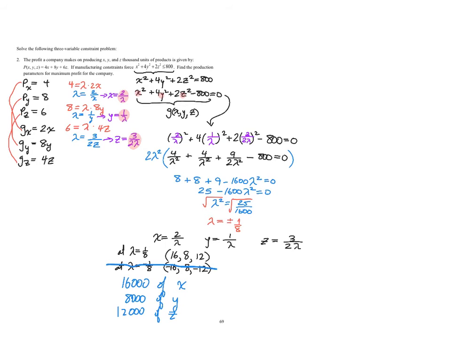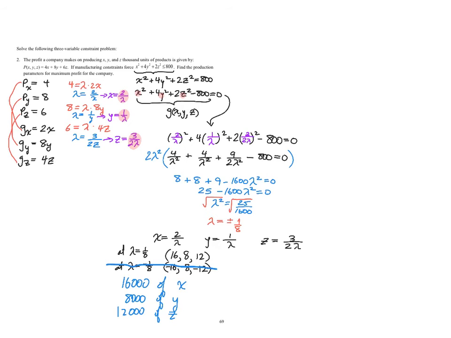Technically, we should vet that 16, 8, 12 and make sure it's not giving us a minimum, because you wouldn't want to produce 16,000 units of something, 8,000 of another, 12,000 of another, and find out that's going to give you the least profit. That would kind of stink. But common sense tells us it's the only relevant value, so it's got to be the answer to the question.